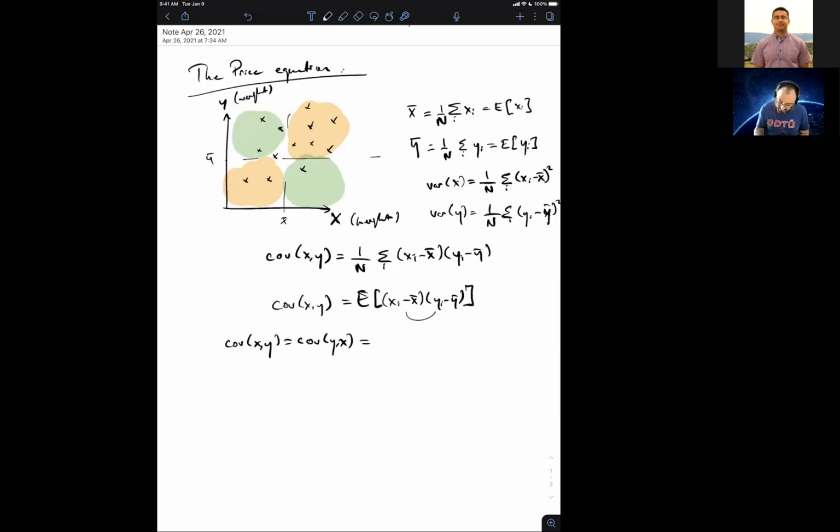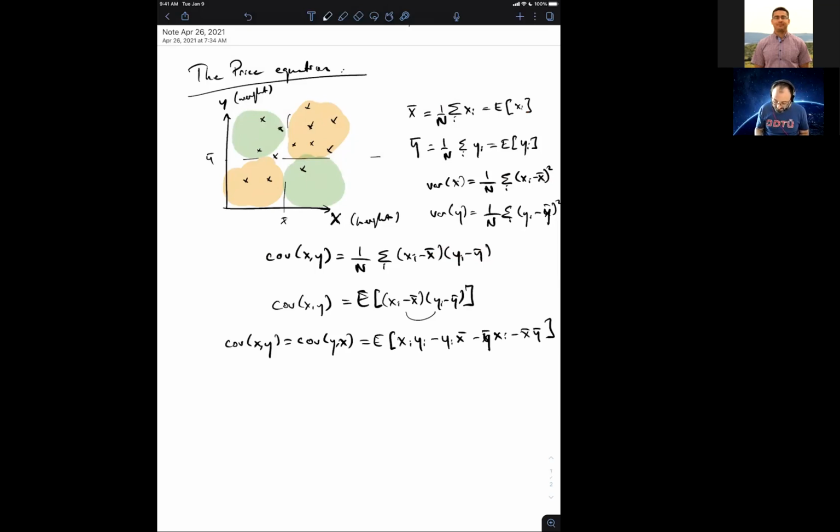And the other thing is that you can multiply out this product, and what you get is xi times yi minus yi x bar minus y bar xi plus x bar y bar.